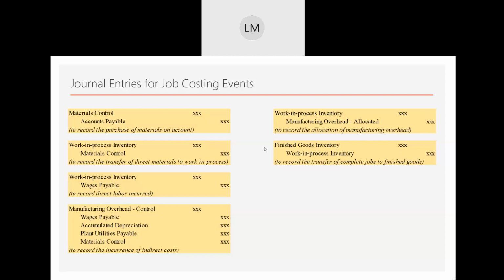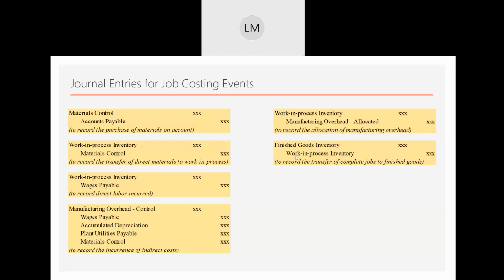And just as a thought, what are we really doing with transferring materials to work in process and then transferring work in process to finished goods? We're just moving things from one asset account to the next asset account as more costs are incurred and those units are completed.